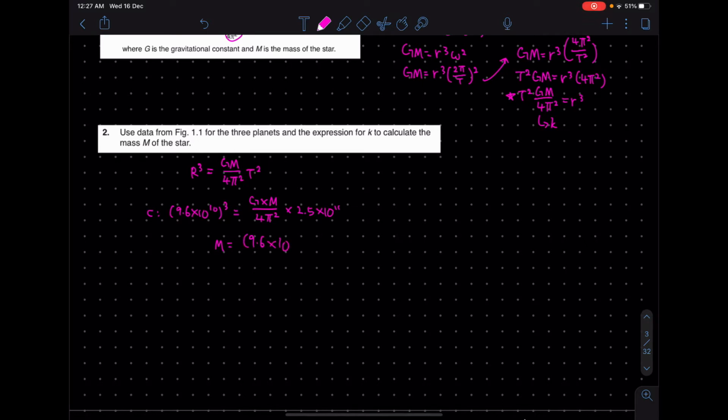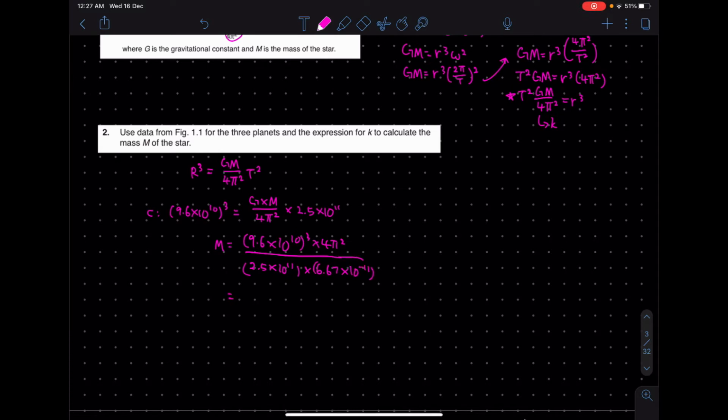9.6 times 10 to the power of 10 cubed multiplied by 4 pi squared divided by 2.5 times 10 to the power of 11 and multiplied by 6.67 times 10 to the power of negative 11.